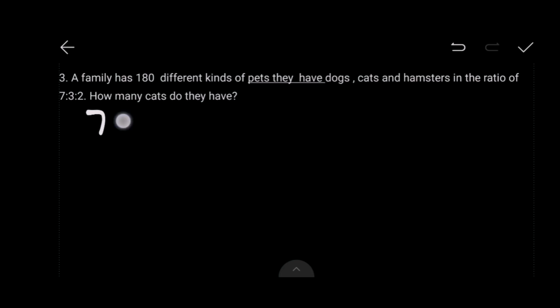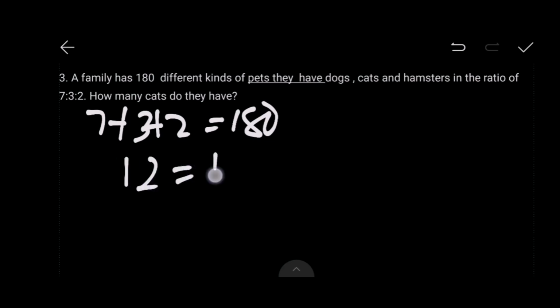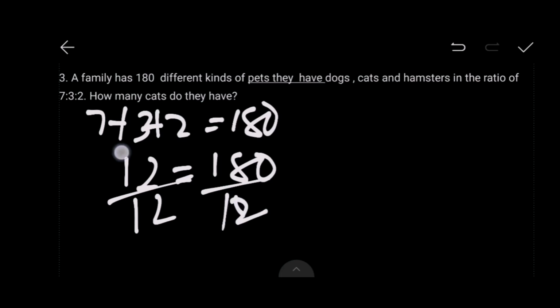Add lang natin: 7, 3 plus 2 equals 12. So, 180 divided by 12. Ilan?